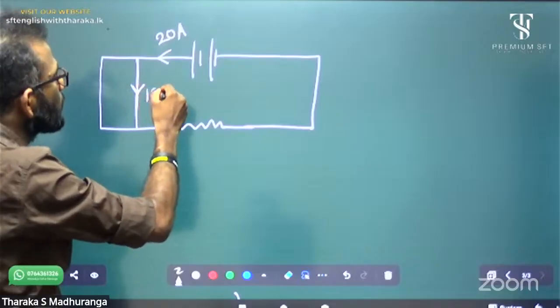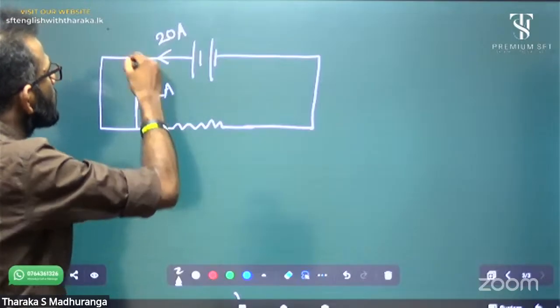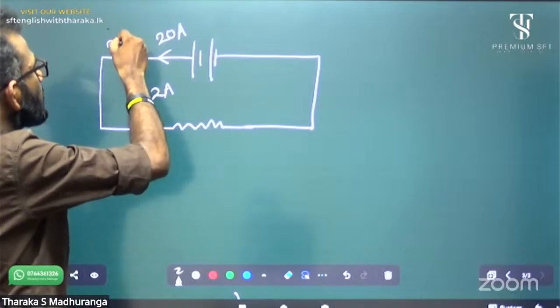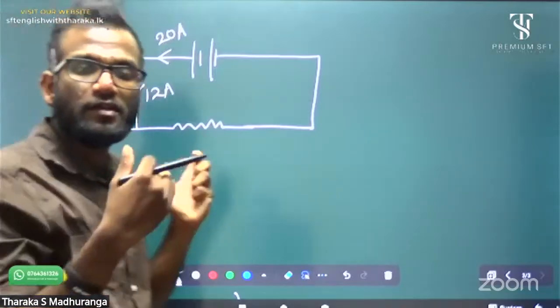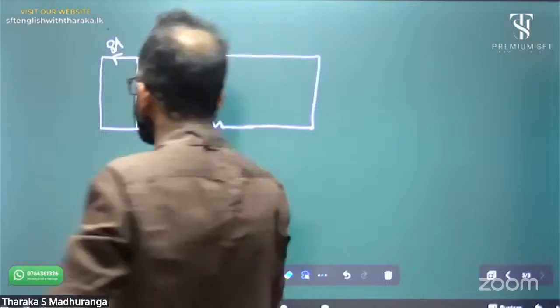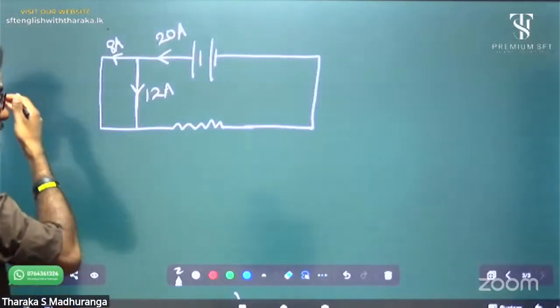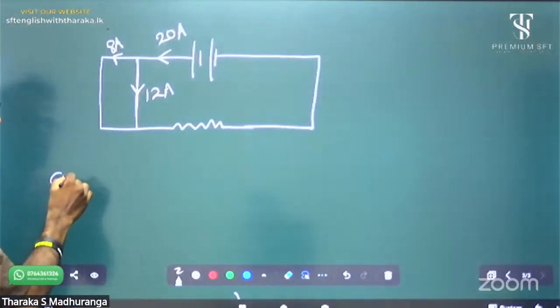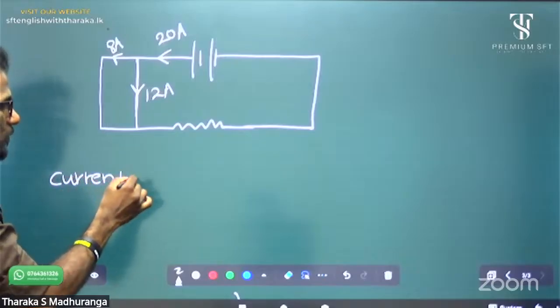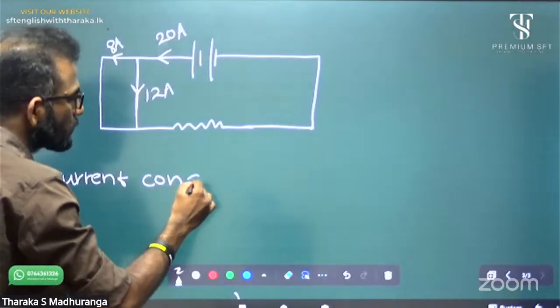That means if it is 12 ampere, this path is 8 ampere. That we call as current conservation, sorry, current conservation.